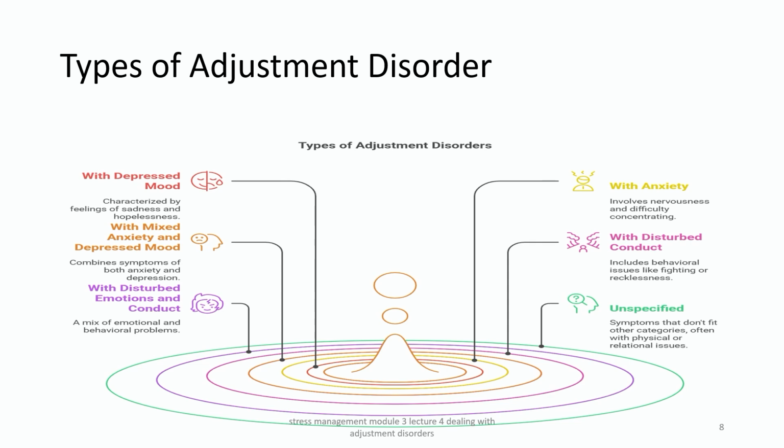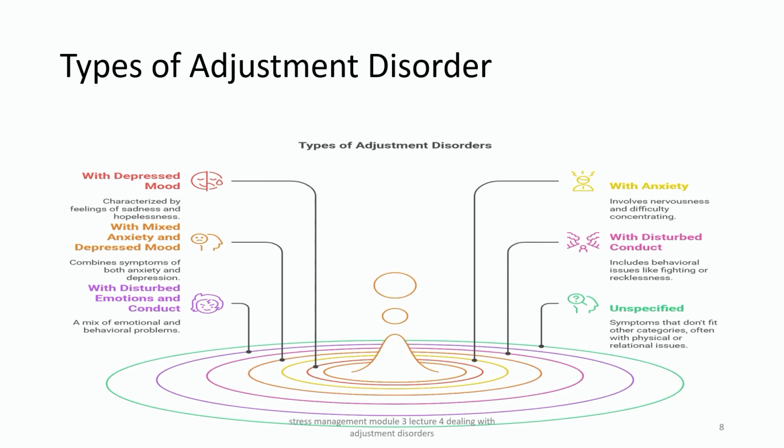Disorder with conduct disturbances means people show behaviors which may include fighting or recklessness at public places which are considered inappropriate. So, unsocial behaviors or sometimes antisocial behaviors of mild level can be seen in people suffering from this type of adjustment disorder.